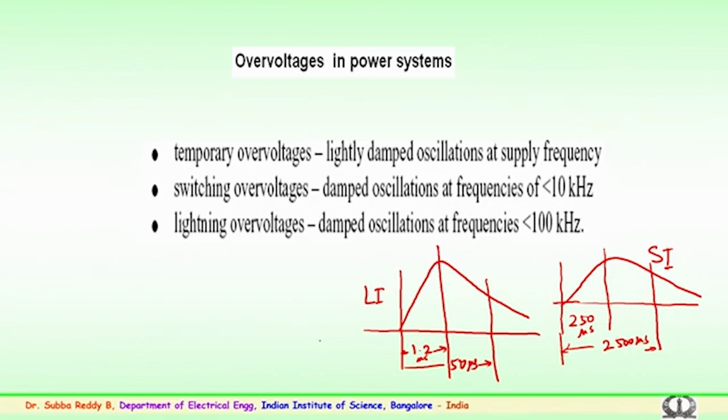So, the lightning impulse is 1.2 by 50 microseconds whereas switching is 250 by 2500 microseconds. These over voltages occur in the power system and proper protection for them has to be taken into consideration.